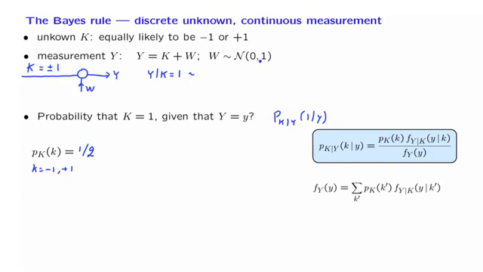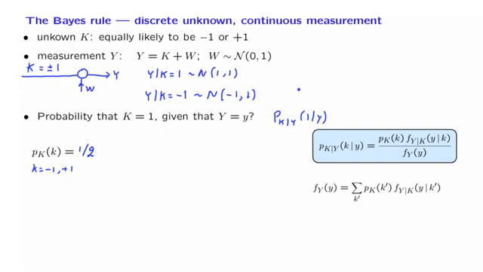If we take a standard normal and add a constant to it, that changes the mean and makes the mean equal to 1 and does not change the variance. On the other hand, if k happens to be equal to minus 1, then the observation that we see is going to be a standard normal plus a value of minus 1, and that changes the mean to become minus 1, but with a variance of 1.